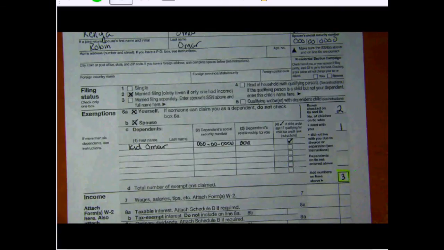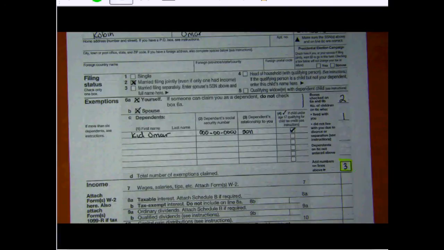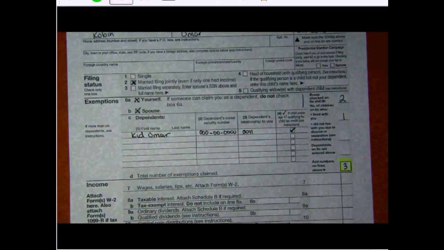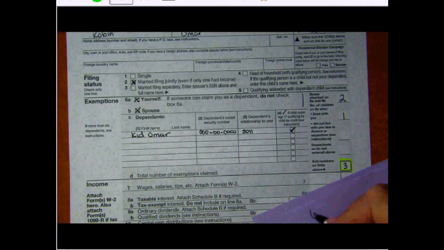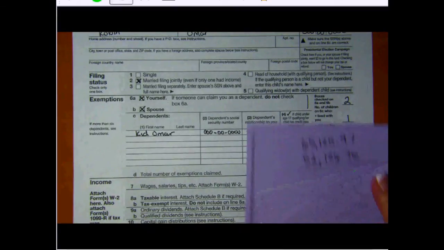Now their wages, if you look on their W-2s, they've got 2 different W-2s, so we gotta total up their wages. So we add them together.